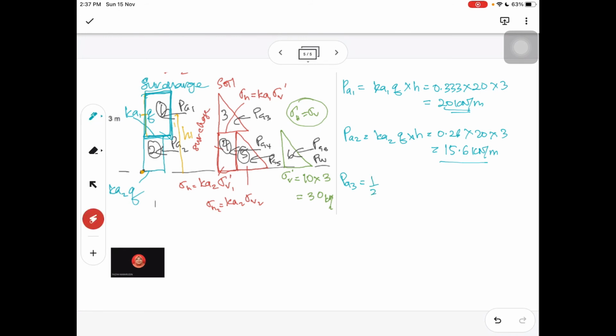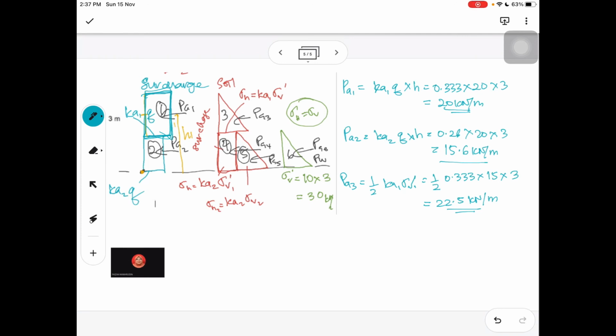The base here is KA1 sigma V1, which is equal to half KA1 0.333 times unit weight 1 is 15 times H1. So H1 is 3. So you will get 22.5 kilonewton per meter.